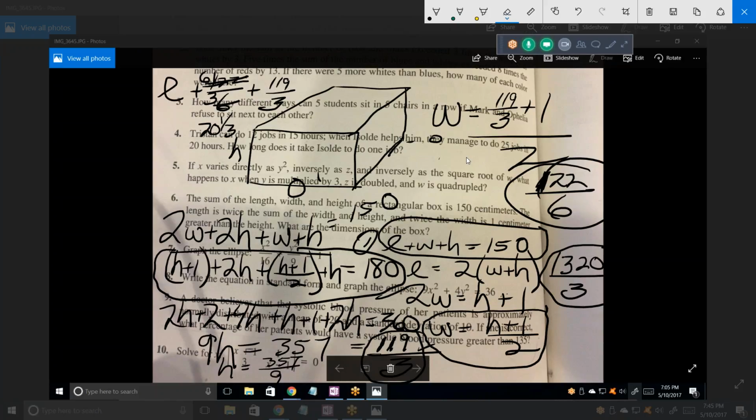I did that in my calculator and came up with 120. Well, what is 119 thirds plus 61 thirds? 180 thirds.